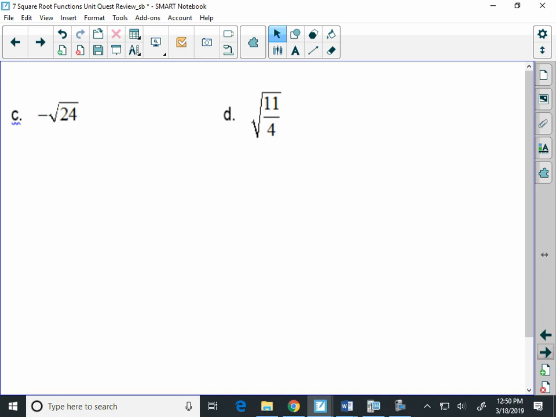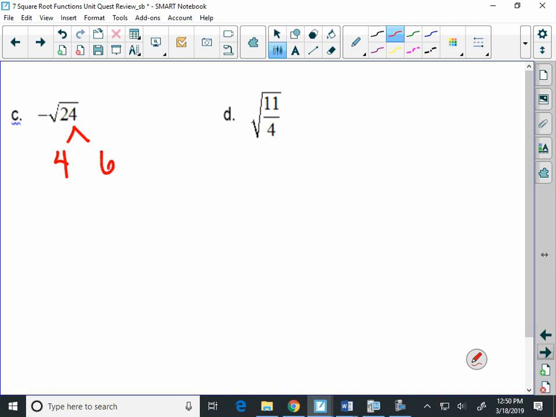Now, compare letter B to letter C here, not to be confused, because on letter B, the negative was underneath the square root. This time our negative is outside. So we're going to simplify this. 24 is 4 times 6. 4 is 2 times 2. 6 is 2 times 3.